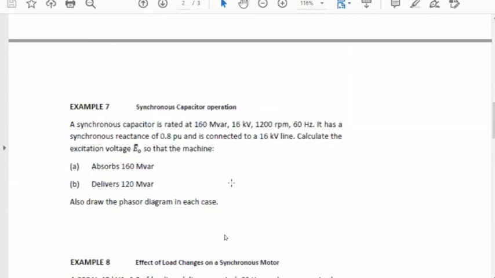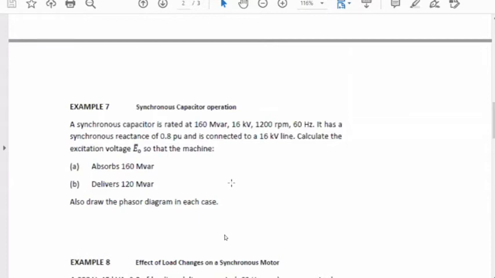Okay, so question number 7 says that a synchronous capacitor is rated at 160 MVAR. Okay, and the voltage is 16 kilovolts, speed is 1200, frequency is 60 hertz.